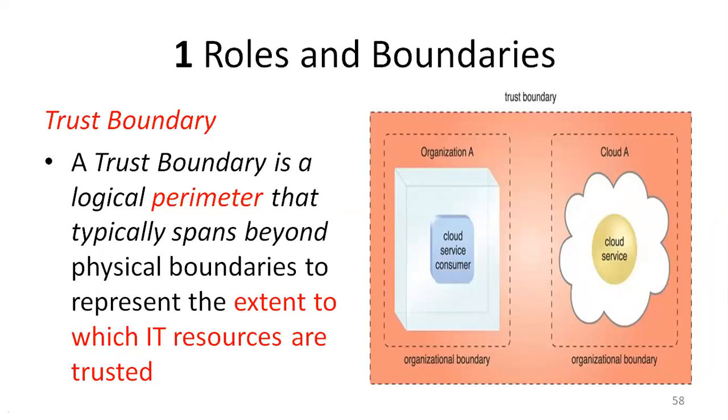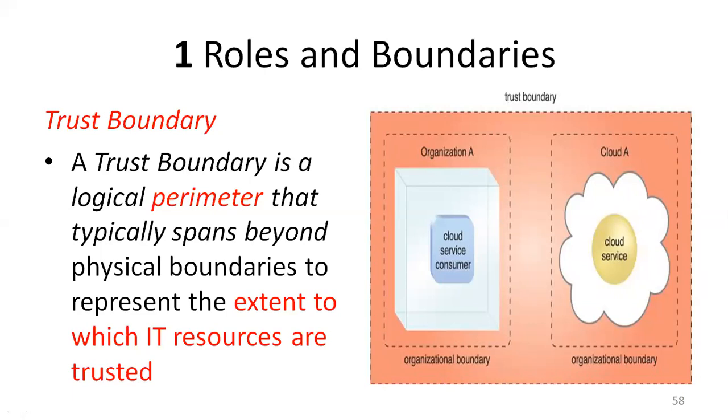But the trust boundary is the entire perimeter that typically spans beyond the physical boundaries to represent the extent to which the IT resources are trusted. The entire outside boundary, for the cloud service provider and the cloud service consumer, is called the trust boundary.